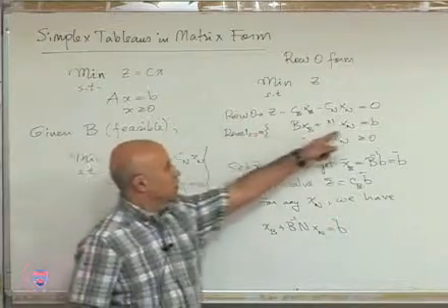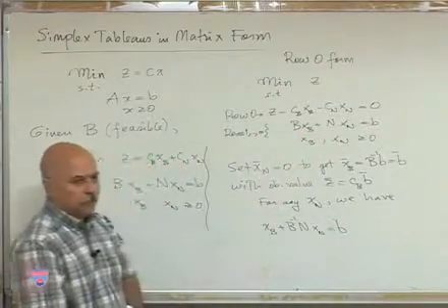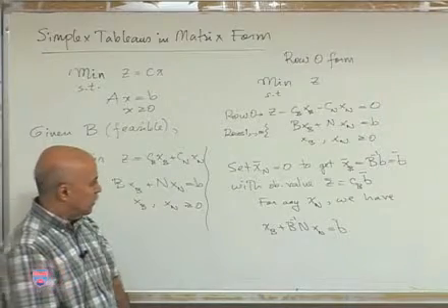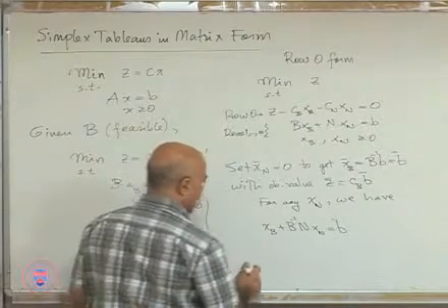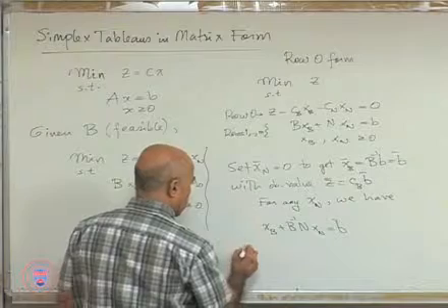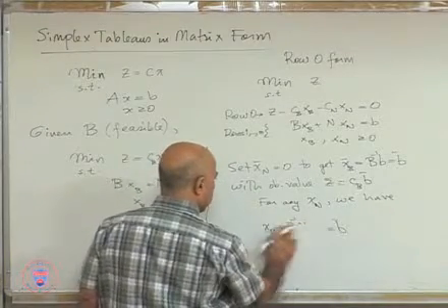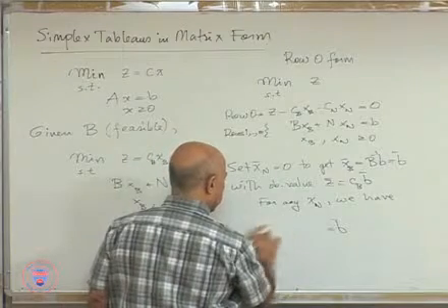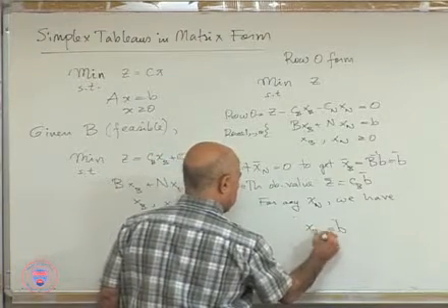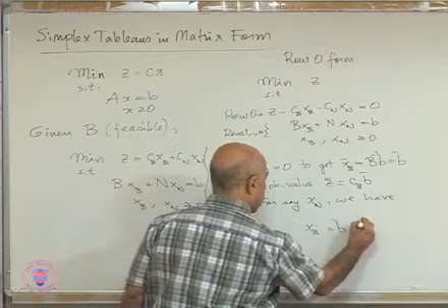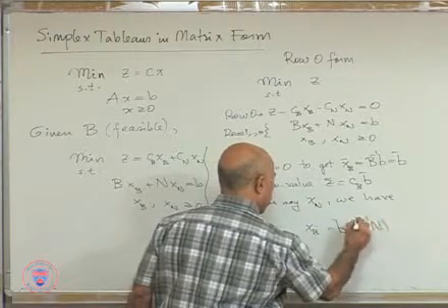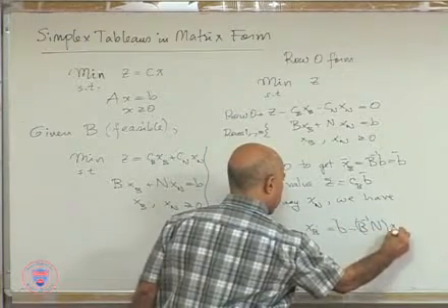That's what the equations give you, except row 0. Okay? And which, of course, upon transferring this to the right side, will give you simply the dictionary form that looks in this particular format. Okay?